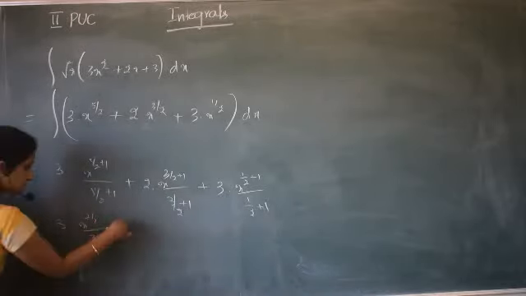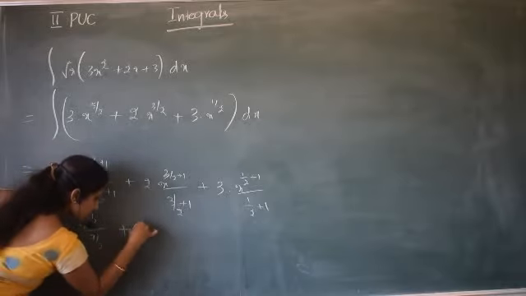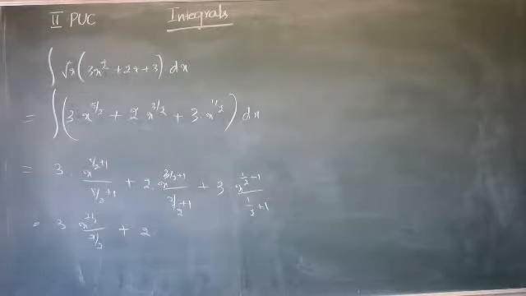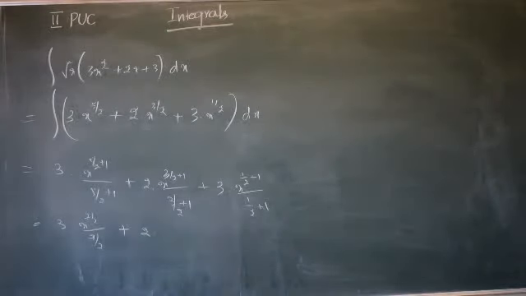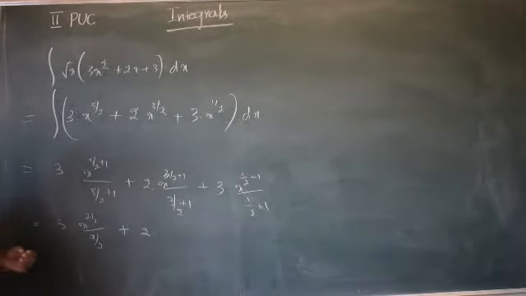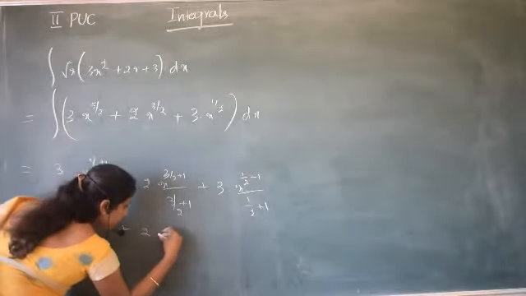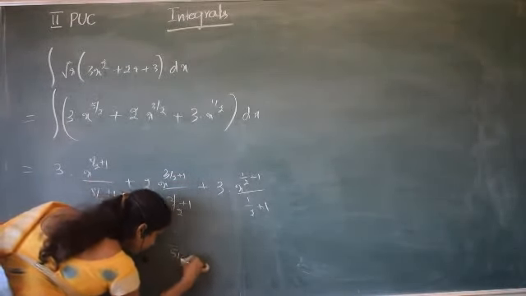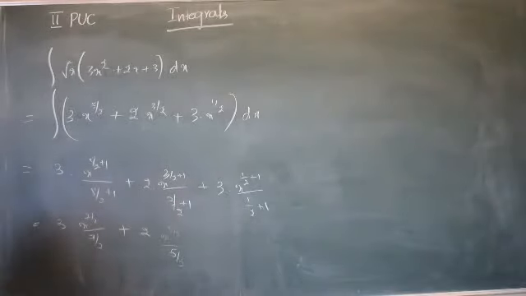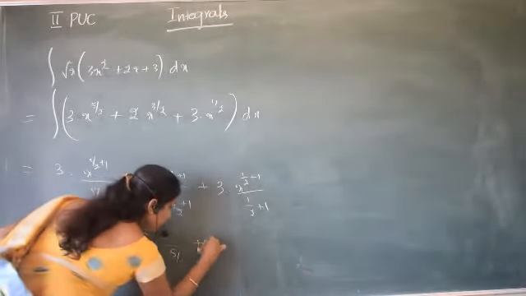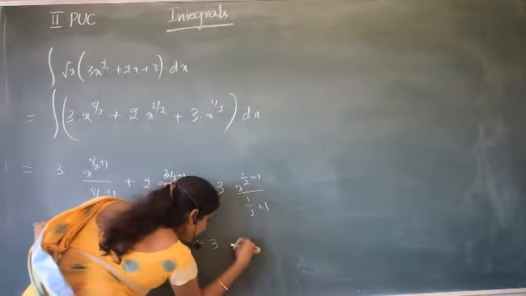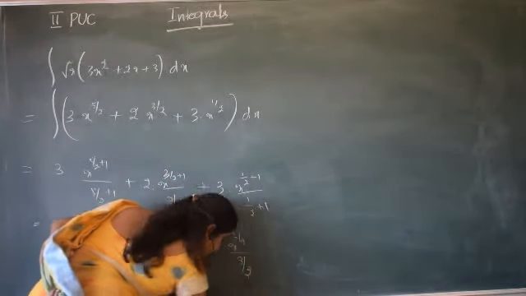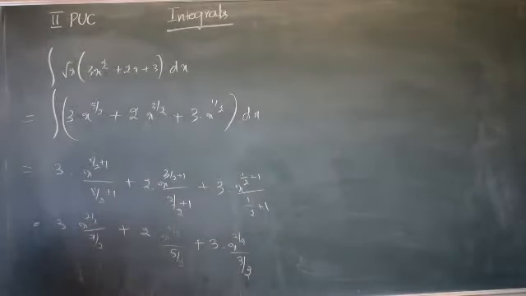3 into x to the power 7 by 2 by 7 by 2, plus 2 into x to the power 3 by 2 plus 1, which means 5 by 2, by 5 by 2, plus 3 into x to the power 3 by 2 by 3 by 2.